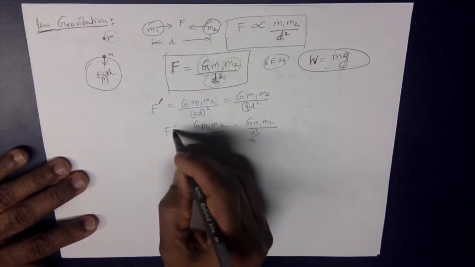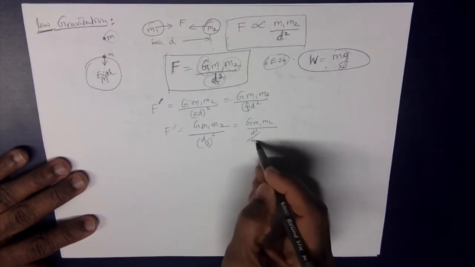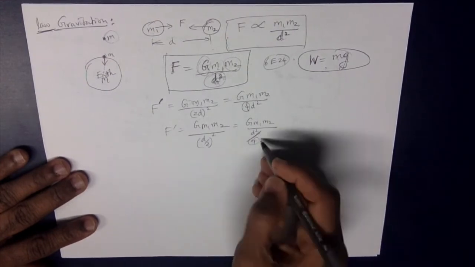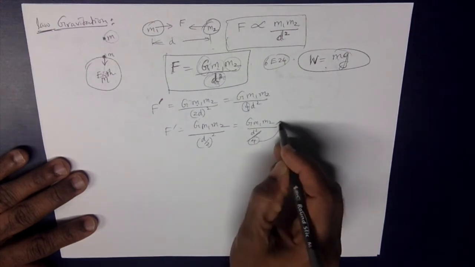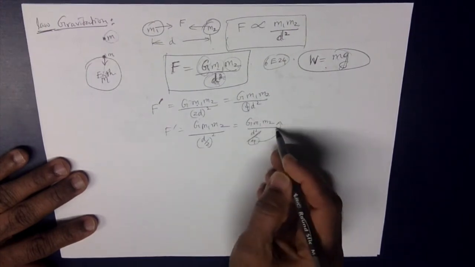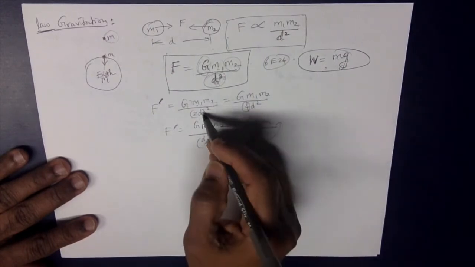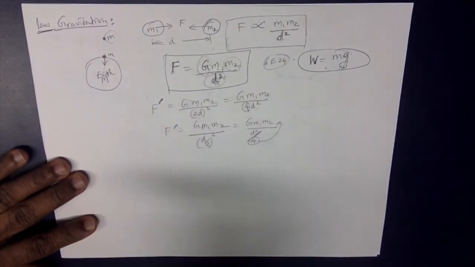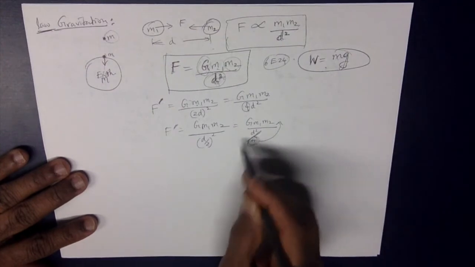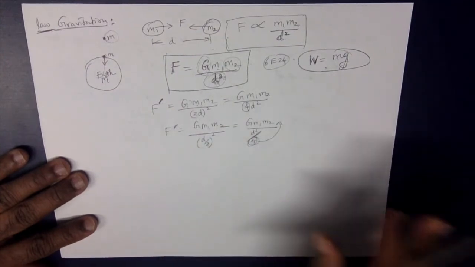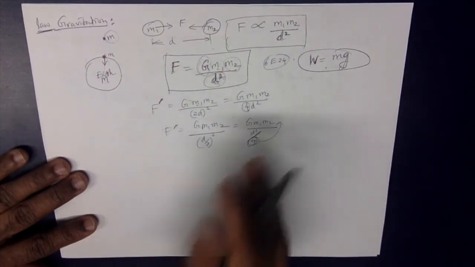So the new force is equal to this. Now because you're dividing by a fraction, if you take this 4 to the top, it'll be 4 times bigger. So this force is 4 times bigger. Alright, so the closer you go, the force becomes bigger in a square fashion. The further away you go, the force becomes smaller in a square fashion.